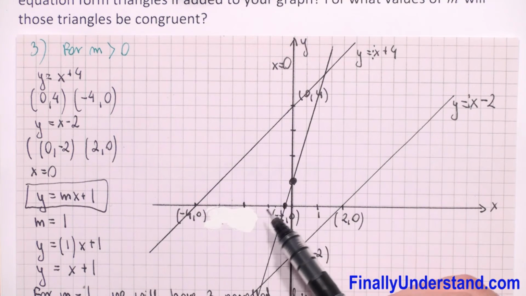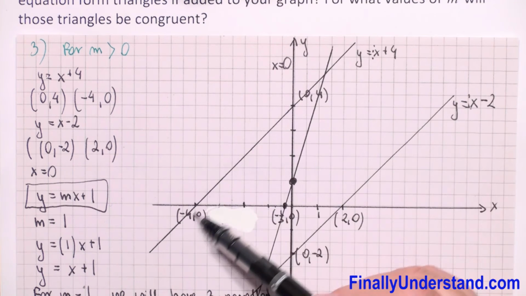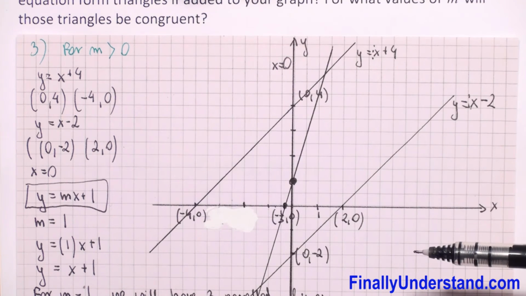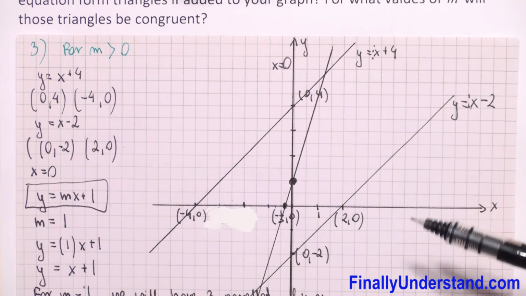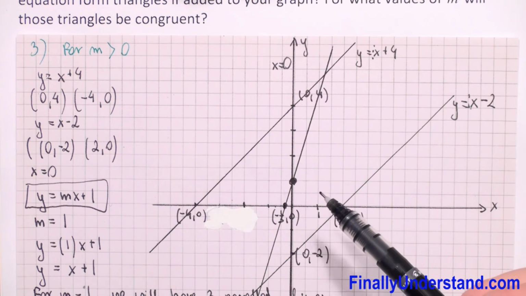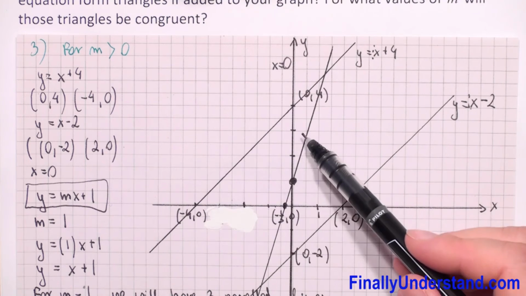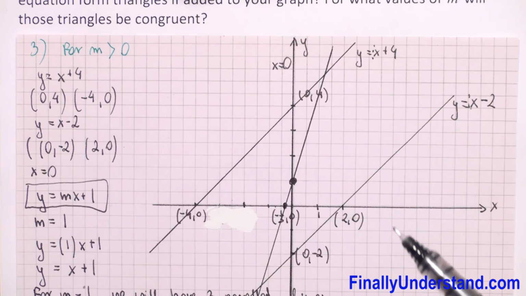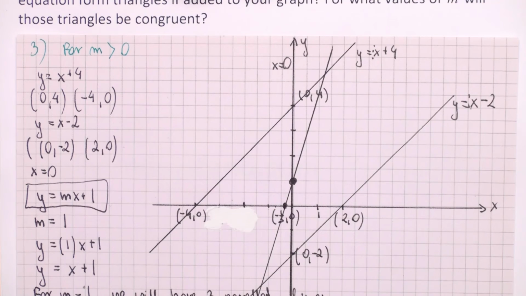For m equals 1, our three lines will be parallel. So for m positive and different than 1, we will have 2 triangles. Now we have to check if these 2 triangles are congruent. So first, let's find the angles which are congruent.